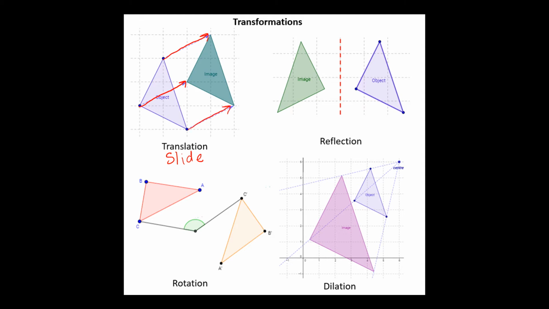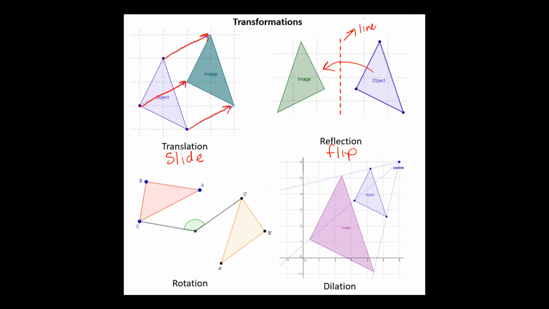We also have a reflection. A reflection is also known as a flip. So we're taking the object and flipping it over some type of line of reflection to create the image. As you can see with a reflection, it changes the orientation or direction of that figure.